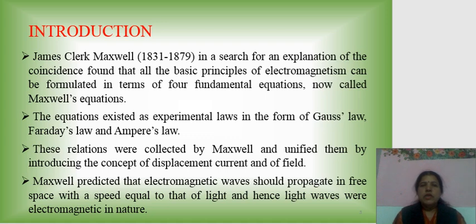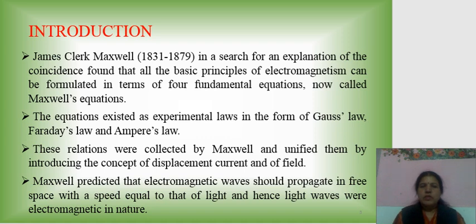Introduction. James Clerk Maxwell in 1864, in a search for an explanation of the coincidence, found that all the basic principles of electromagnetism can be formulated in terms of four fundamental equations, now called Maxwell's equations. The equations existed as experimental laws in the form of Gauss law, Faraday's law and Ampere's law.